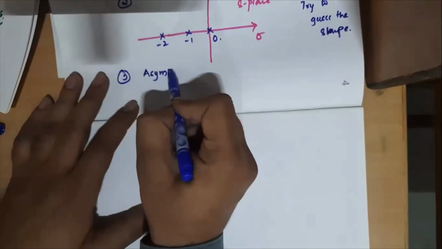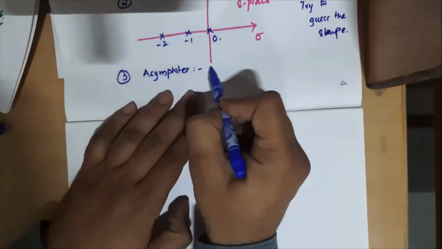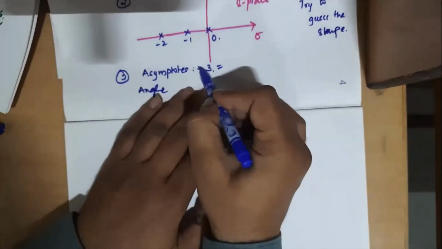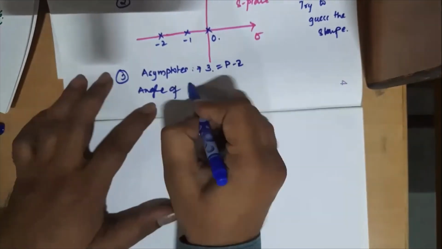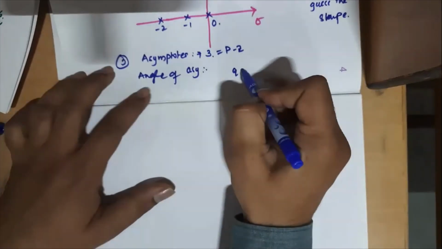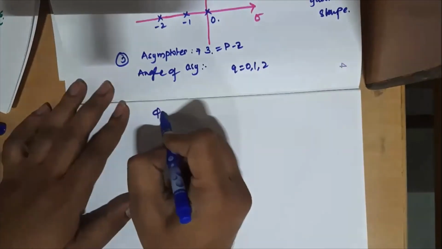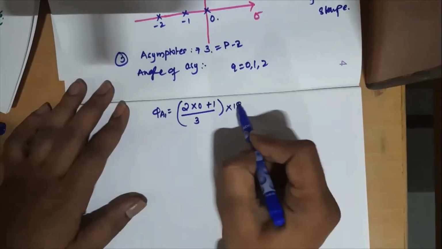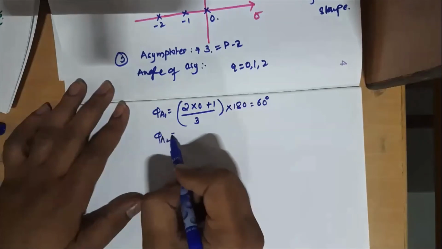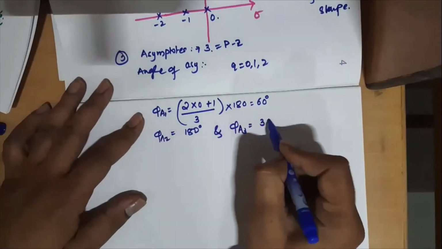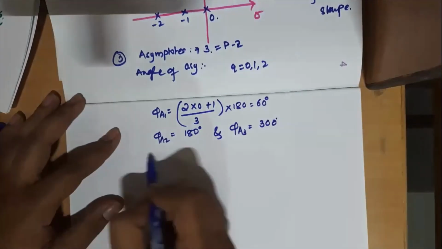So third step is about asymptotes. How many asymptotes? 3 asymptotes because p minus z is 3. And what is the angle of asymptotes? We have q equal to 0, 1, 2. So angle of asymptotes will not change. It was similar to the example I gave. So it is 60 degrees, 180 degrees and 300 degrees because of 3 asymptotes.